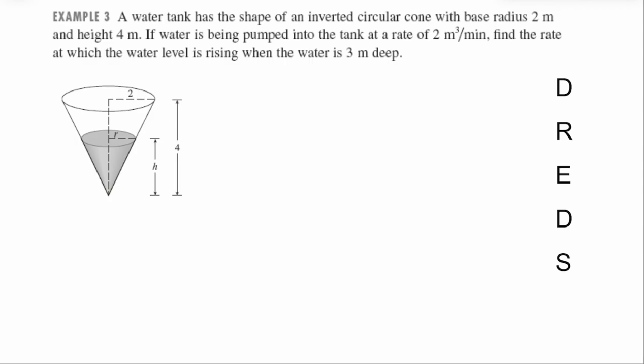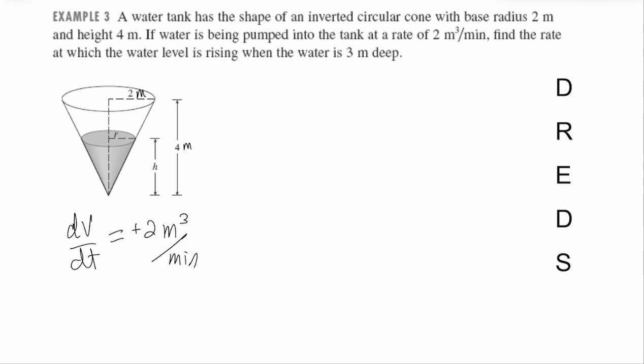If the volume of the water is being pumped into the tank at a rate of 2 cubic meters per minute, so that rate is getting higher, so that is a volume. So the volume is being added, so that's a positive 2 cubic meters per minute. And all of these were also in meters, so that's good that all of our rates match up.